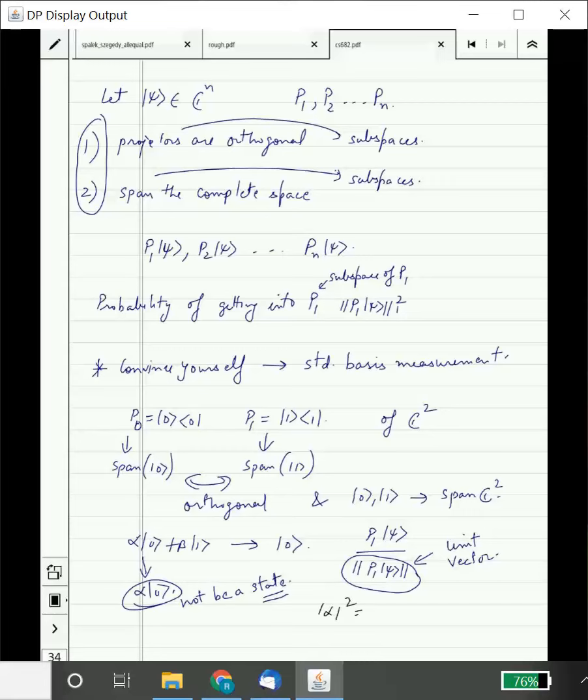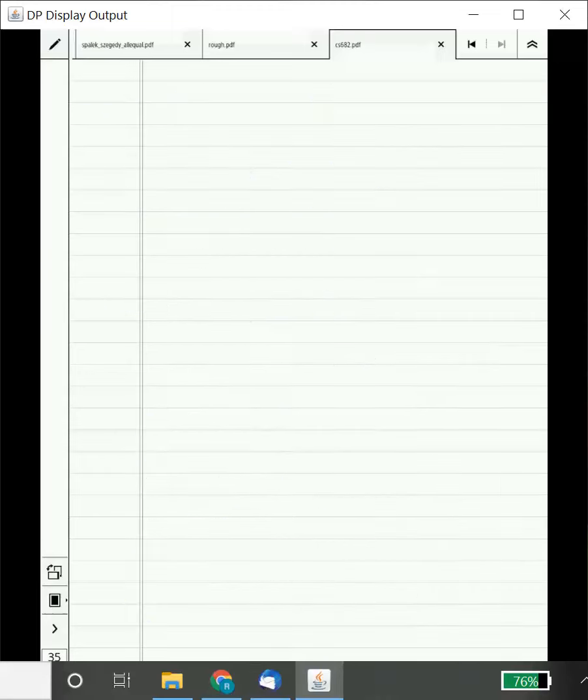Let's make this definition very, very formal. In the case of projective measurements, we describe a projective measurement by a Hermitian operator, which is a sum of some projectors with a label.